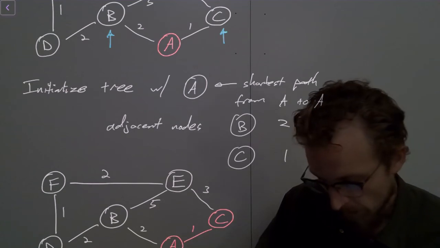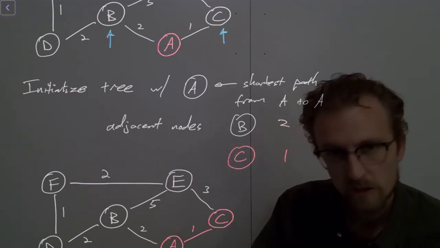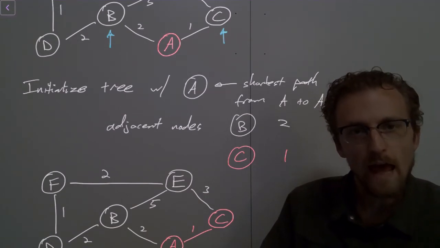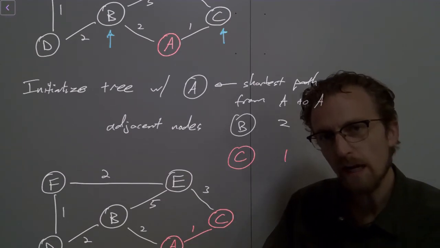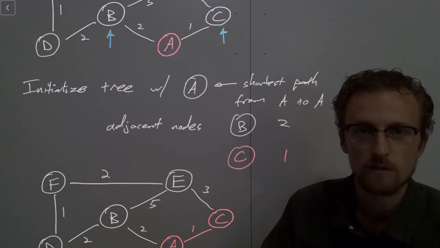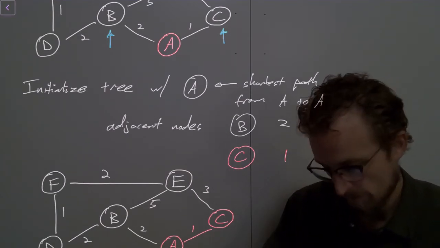So I'll pick the one that has the shorter distance. Okay? So at each step, we're going to look at the nodes that are adjacent to the tree and then add the one that is closest to A. Okay? Not necessarily the one that is closest to the tree. In fact, in most cases, it won't be the one that's closest to the tree, but we'll add the one that's closest to A via the tree.